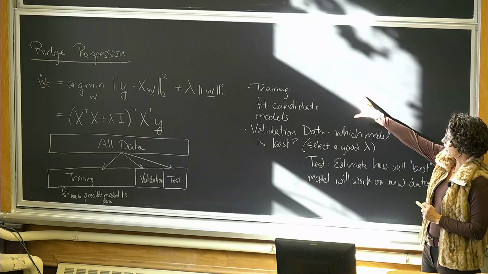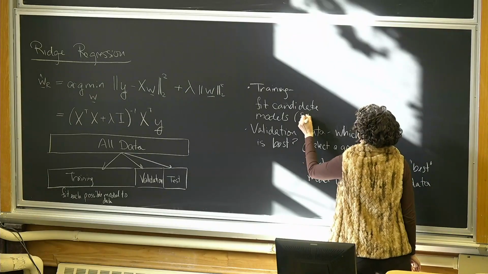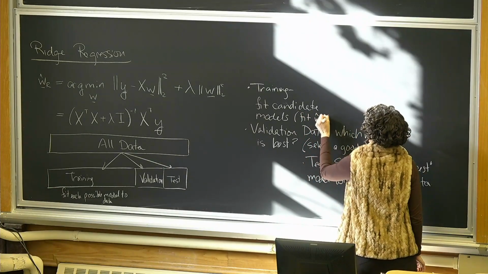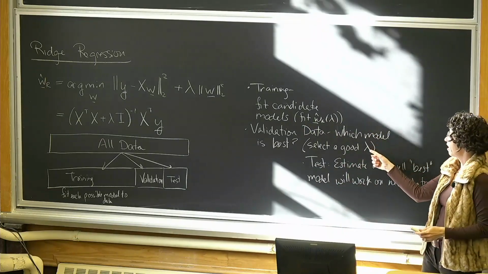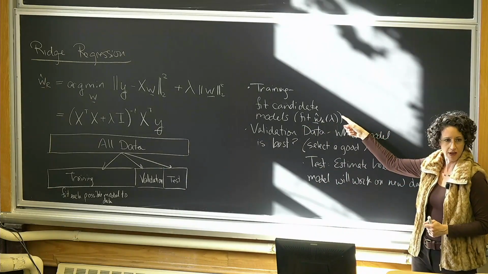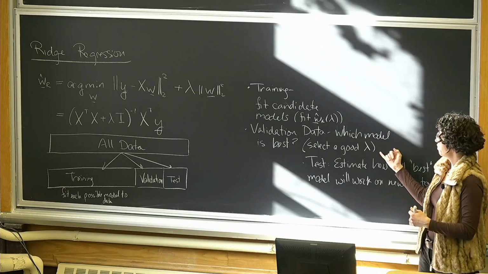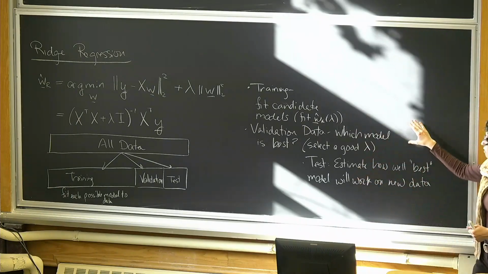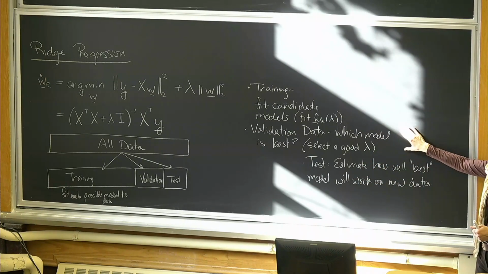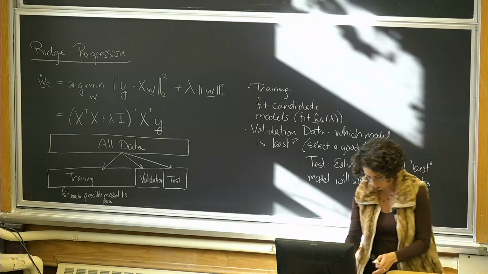And with the training data, what I'm doing is I am going to fit my W hat R, and I'll just put lambda in parentheses here to indicate that for different values of lambda, I'm going to get different values of this ridge regression weight vector. So for each value of lambda, I can use my training data to find a weight vector. And then with the validation data, I can use it to decide which value of lambda I think is the best. So let's map that out a little bit more precisely.